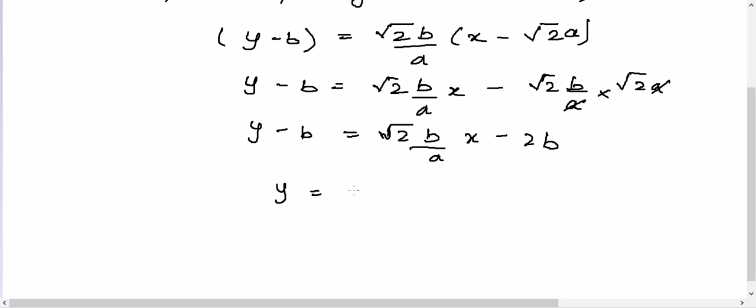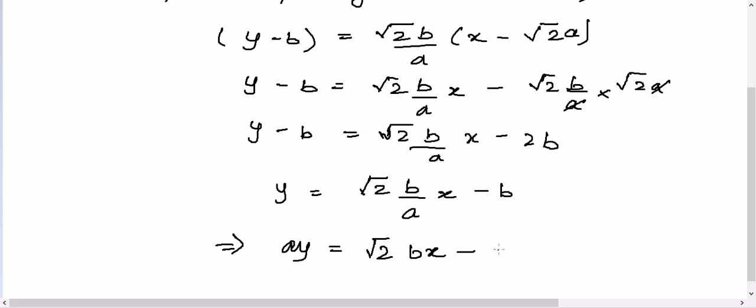Further we can simplify it and write ay is equal to root 2 bx minus ab. This is the equation of tangent.